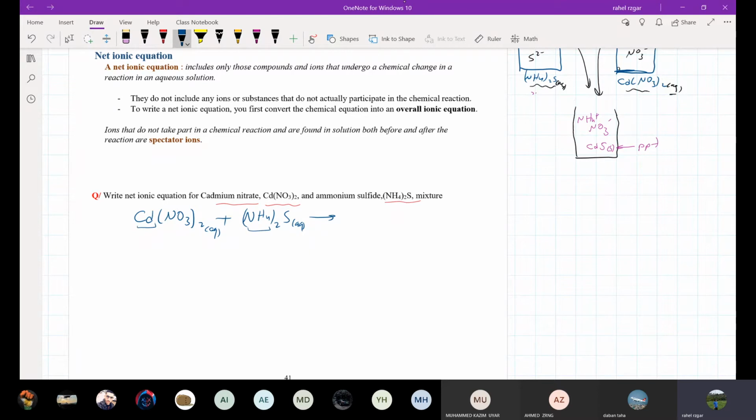It becomes ammonium nitrate, aqueous, plus cadmium sulfide. Now the Cd and the S change places, so it becomes CdS.